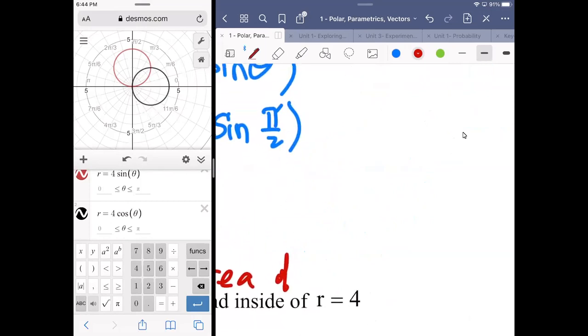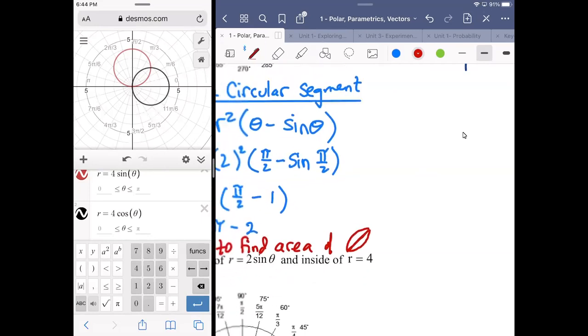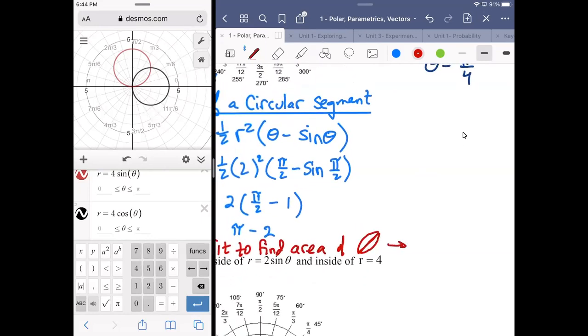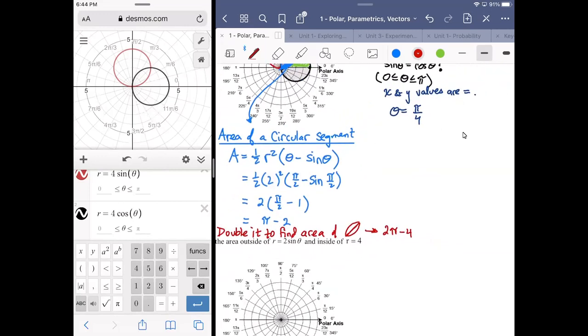And instead of referring to it as an almond and confusing anybody who doesn't appreciate almonds the way I do, the area of this piece is 2 pi minus 4. All right, so that's that piece.